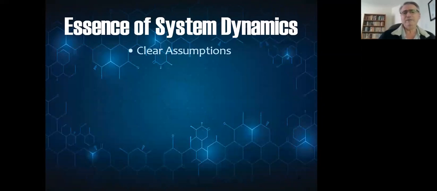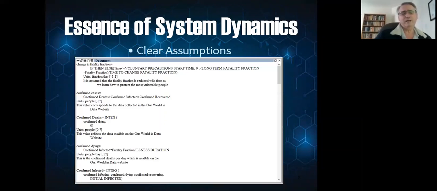Another aspect of System Dynamics that's very useful is the idea that you have very clear assumptions. Because you're using a computer simulation, you have to define every variable and the formula that represents every variable. So you can look at the equations of the model and quickly determine not only what the variables included in the model are, but also how they're being used.